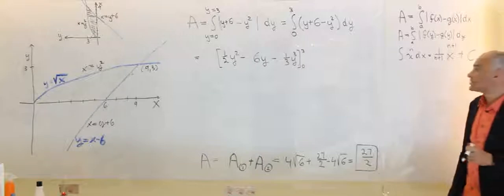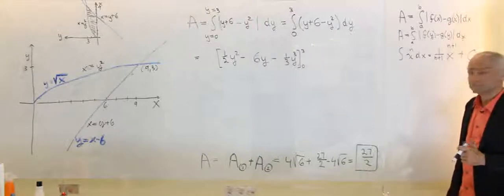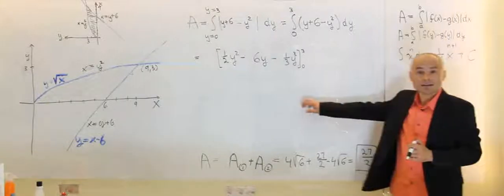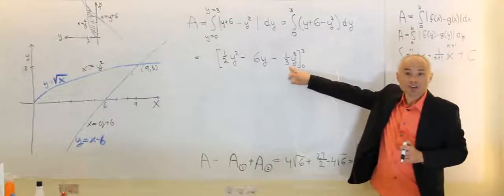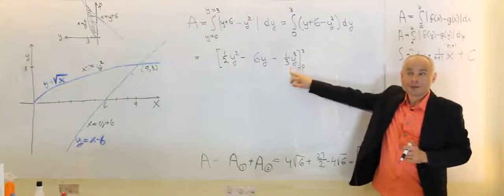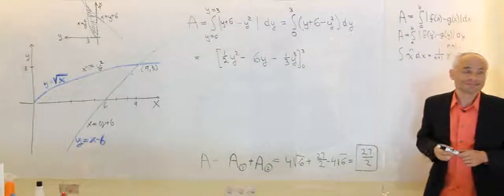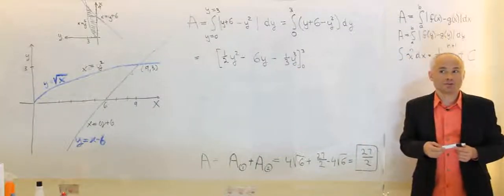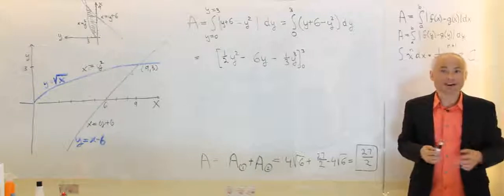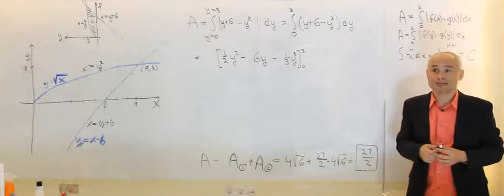Some of you are puzzled. What's the question? How did I get that 1/3 y cubed? Well, that's calculus 1. So some of you who took calculus 1 a while ago have to really get current.